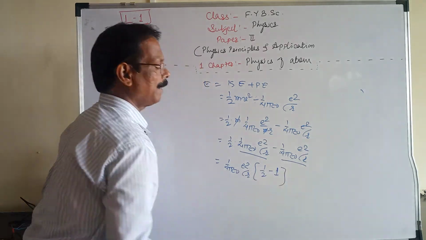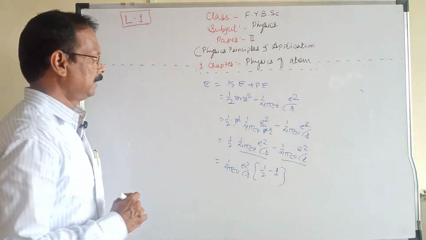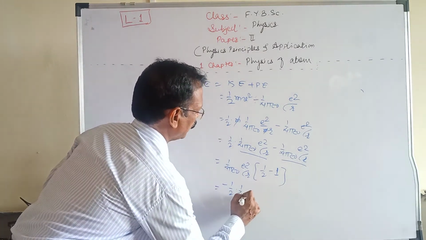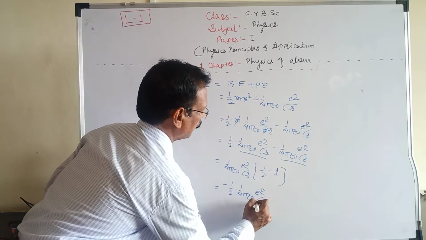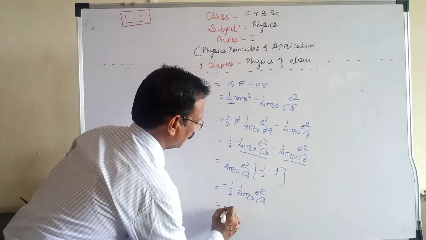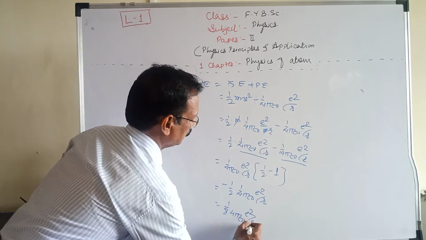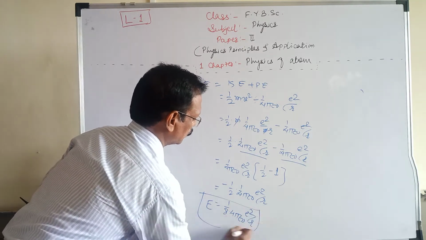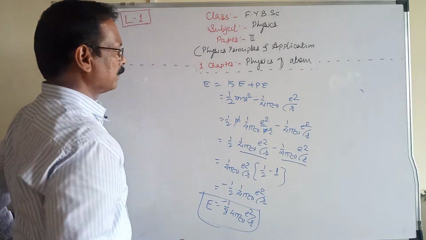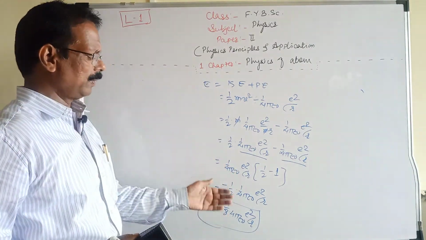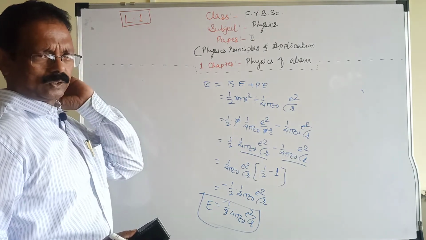Here 1/2 minus 1 is equal to minus half, so our equation becomes negative: minus 1/2 times 1/4πε0 e²/r, or we can write it as minus e²/(8πε0 r). This is the total energy of the electron, but it is negative. This is the equation for the total energy of the electron. By substituting the values, we can find out the total energy.